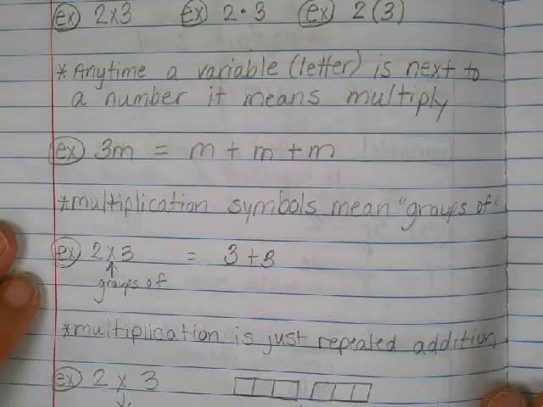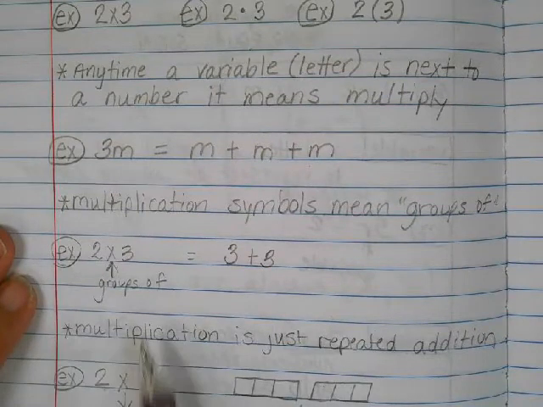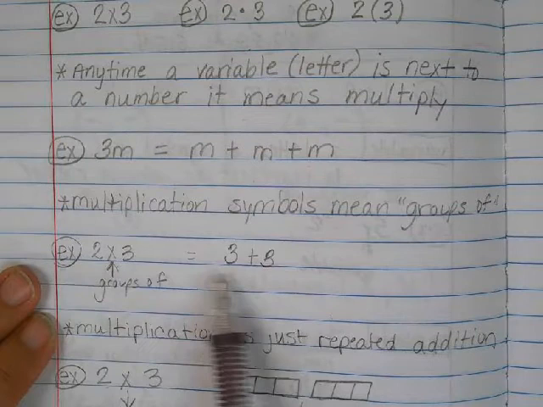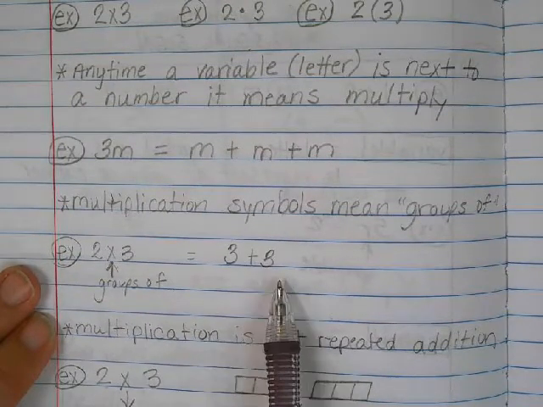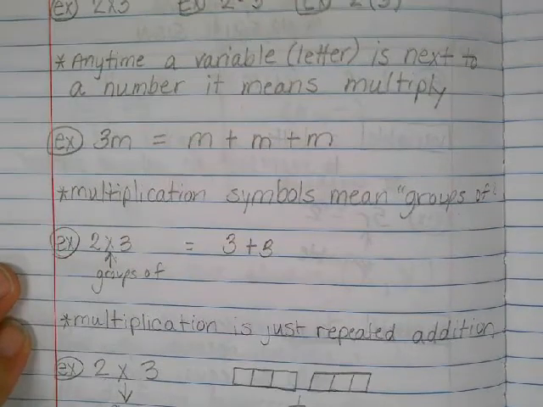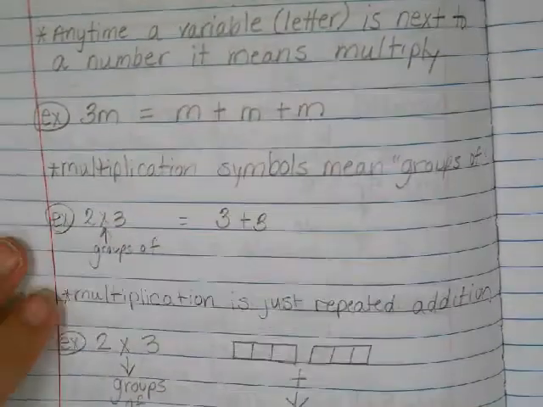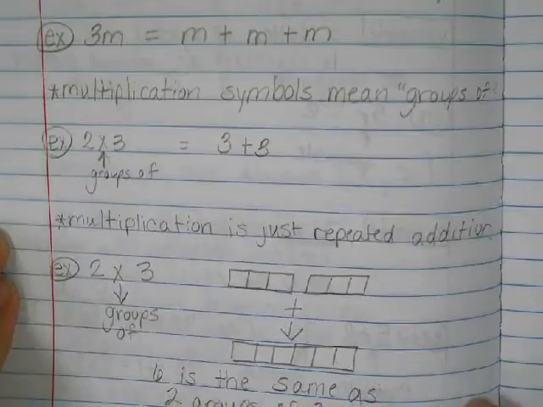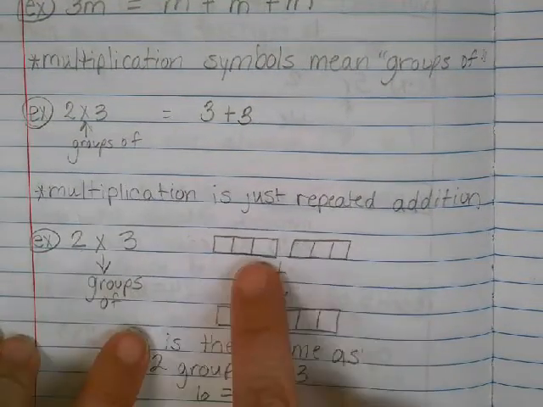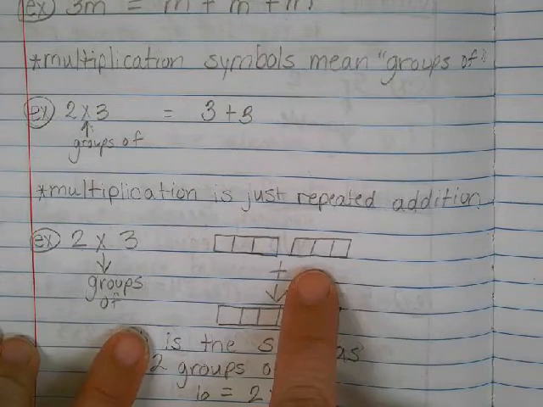I gave you another example of using numbers this time. So 2 groups of 3 is the same as 3 plus 3. Remember that multiplication is just repeated addition. And so what that would look like if we wrote out 2 groups of 3, we would have 2 tape diagrams with 3 each.